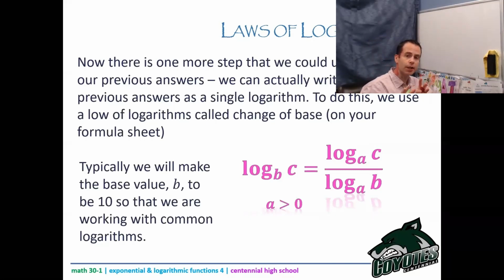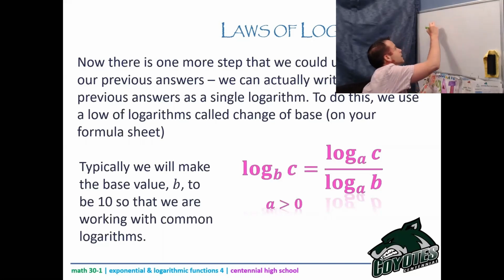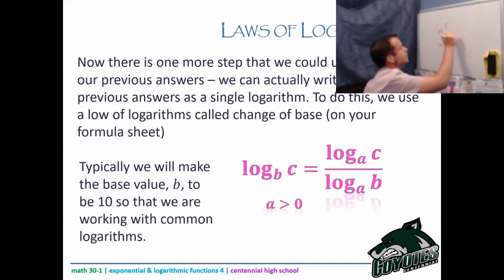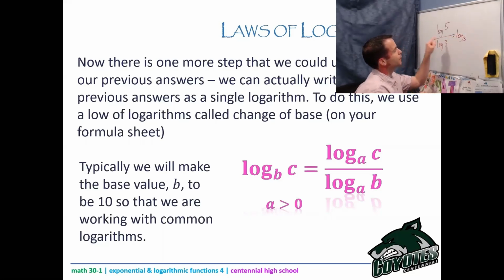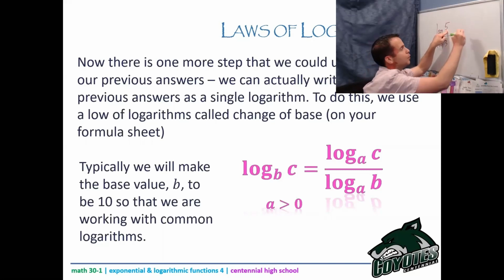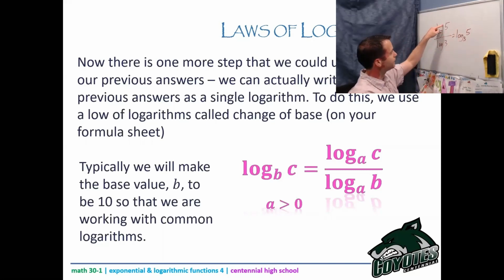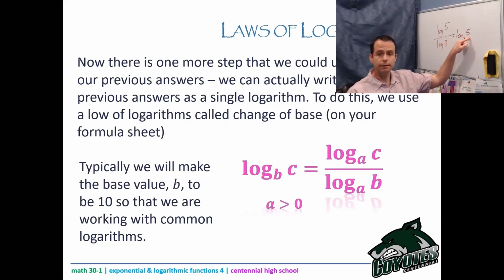What I'm very excited about is if I had log 5 divided by log 3, I now know that that could have been written as log, my original base would have been 3, and my original number that I was taking the log of would have been 5. So log 5 divided by log 3 is the same as saying log base 3 of 5.